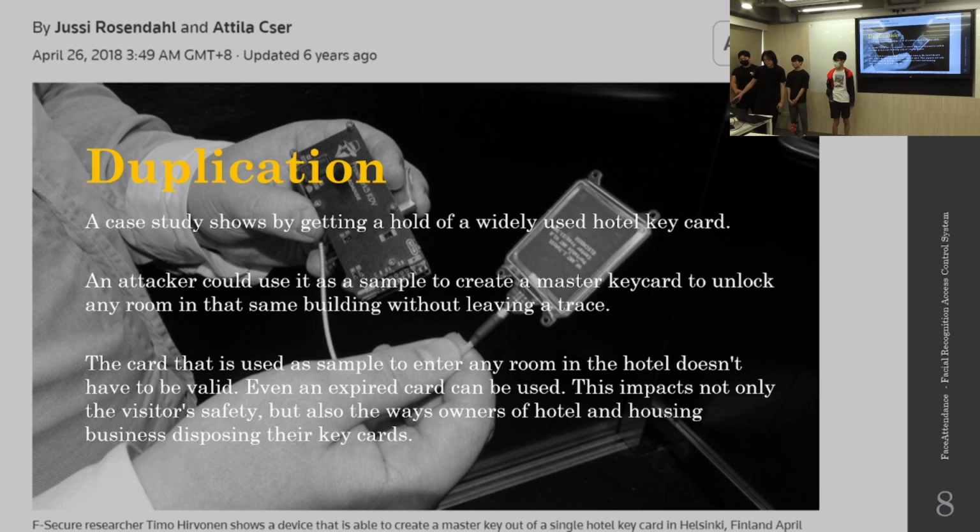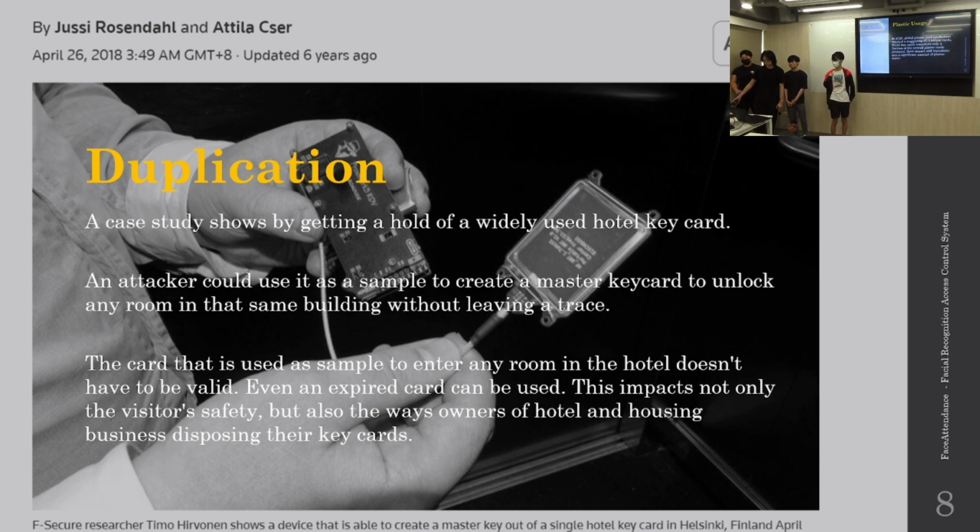A card used as a sample doesn't have to be valid. Even an expired card can be used. This impacts not only the visitors' safety, but also the way owners of hotel and housing businesses dispose of their key cards.